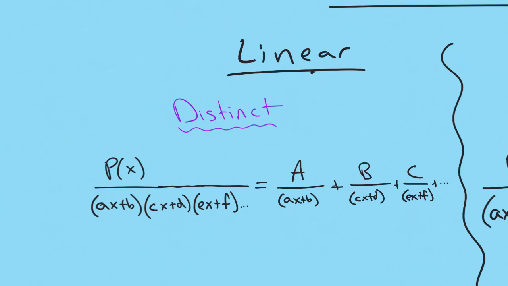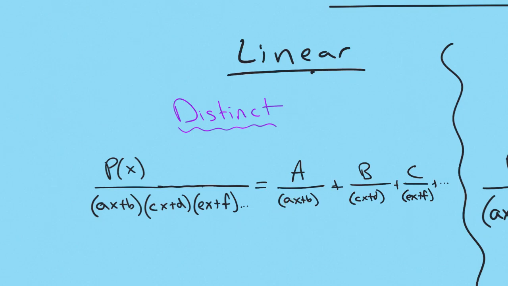So I have capital A over ax plus b plus capital B over cx plus d plus capital C over ex plus f, and continuing that on. So when the factors are linear, we actually get constants on the top of each separate fraction.